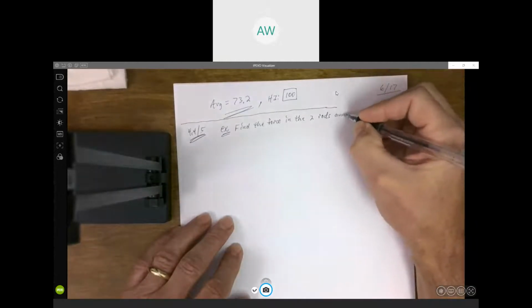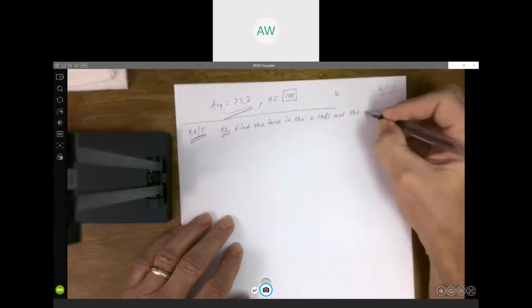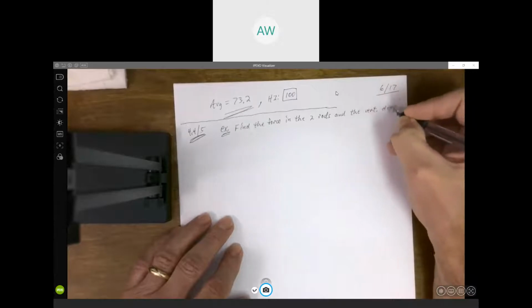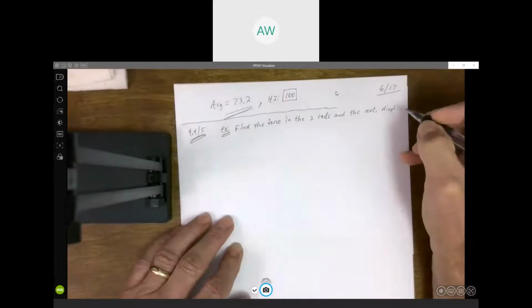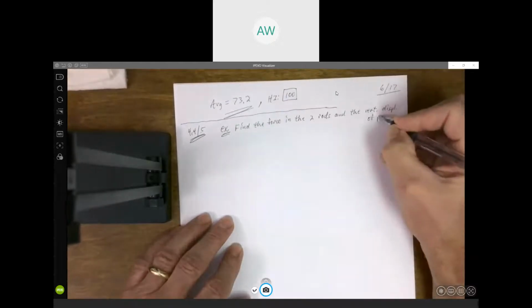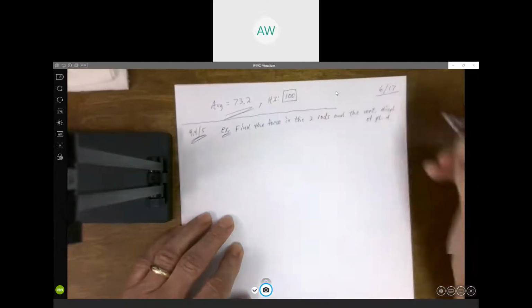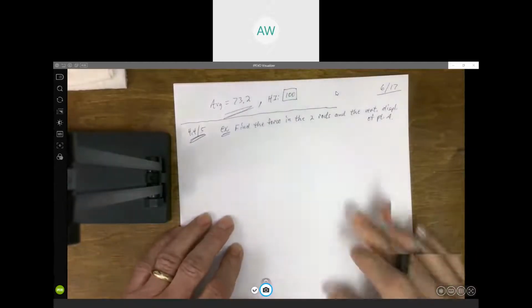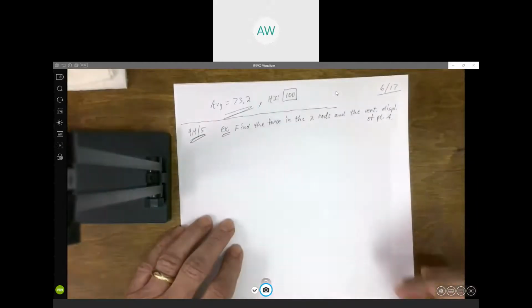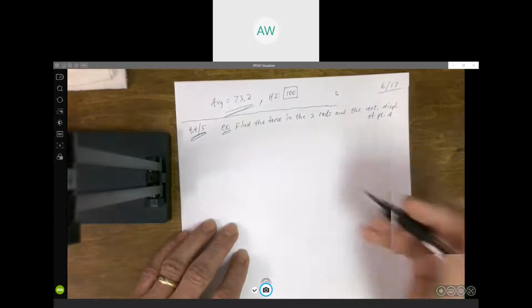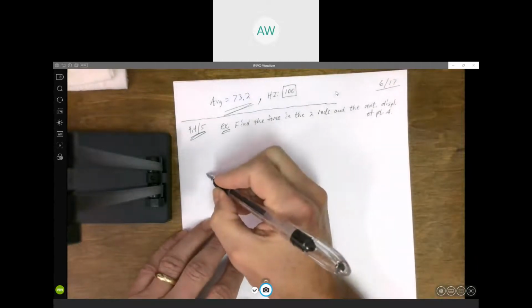And also the vertical displacement of point A. So we want to find the force in the two rods and how far point A moves up or down. All right, so let me draw a picture now.